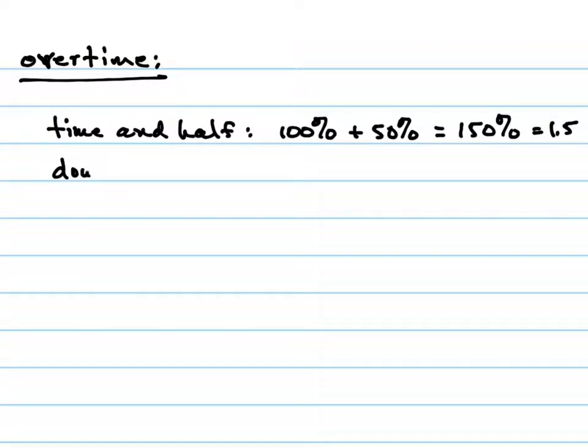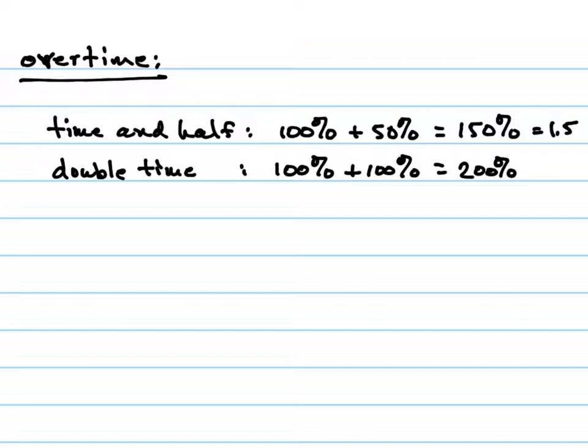You could also, depending on the circumstances of your employment, get what's called double time. So you get your original 100% plus another 100% on top of that. So 200% of your normal hourly wage, which as a decimal would be simply 2. So either one of these could apply. So be careful when you're reading the questions to see which rate the employee is getting.